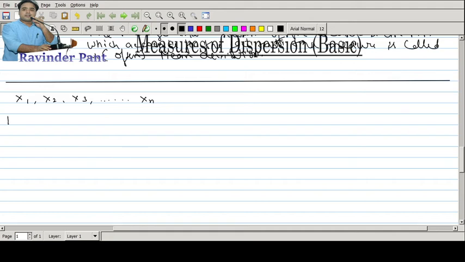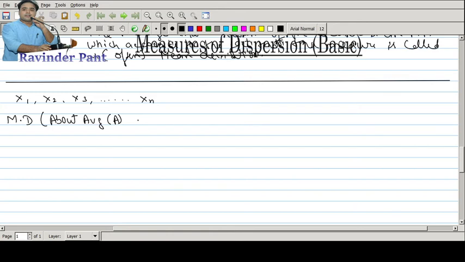So how do we calculate this mean deviation? And this is about average as A. So this average can be your arithmetic mean, this average can be your median.